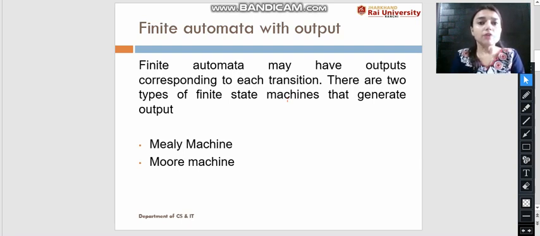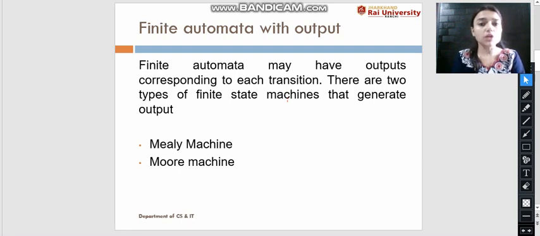And when we have a finite automata with an output, here what happens is that initially you are in some present state, you give an input, you move to the next state or you remain at the same state, but there is some output with each transition.